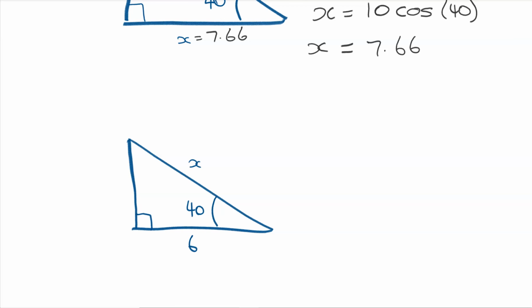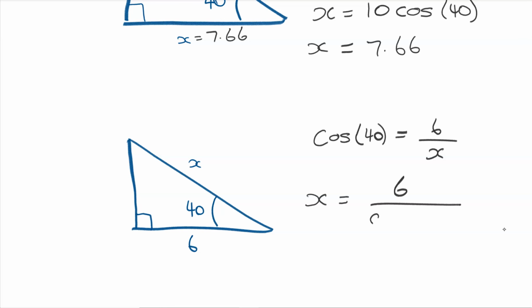Over here, same, we're going to use CAH again, but in this situation we're going to try to find the hypotenuse. So we've got cos of 40 is equal to 6, the adjacent length, over the hypotenuse, which is x. And similar to the SOH situation, we'll have x is equal to 6 divided by cos 40. I'm skipping the rearranging step there, just so I can show you how it looks.